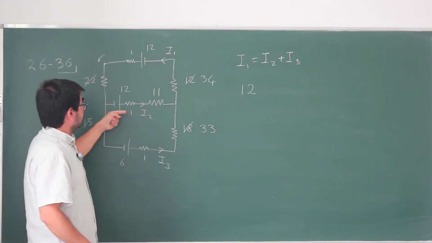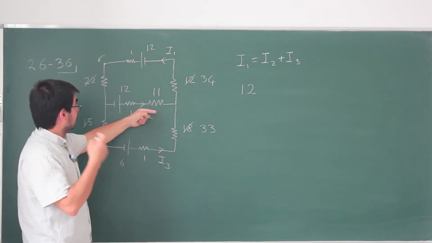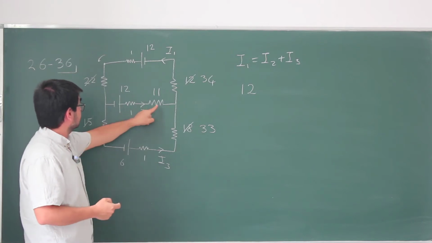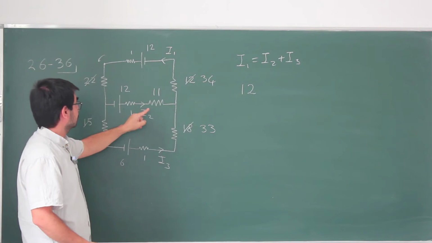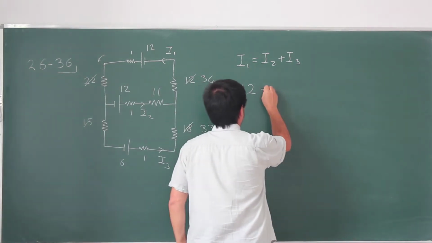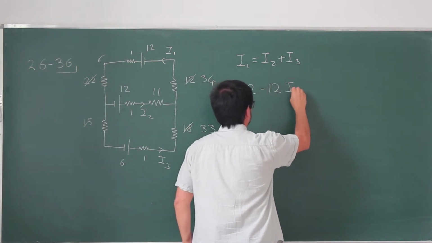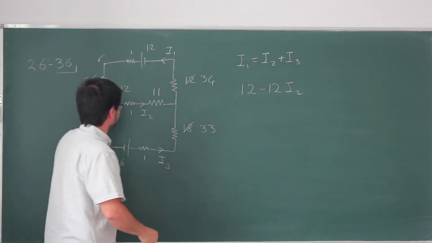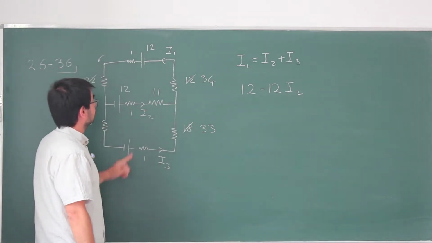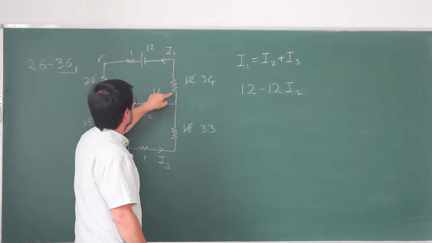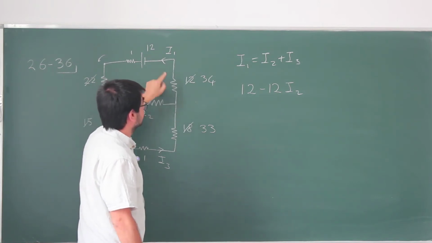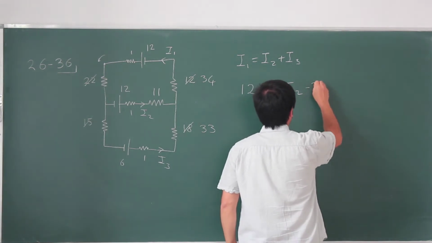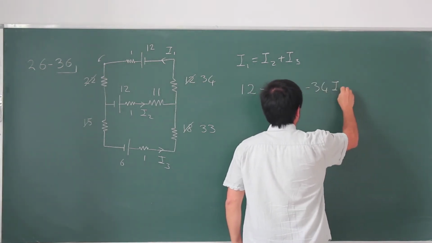Over these two resistors, I move along with the current, so that's the decreasing direction for the potential difference. The sum of these two is 12, so these are like two resistors in series, so that's going to be minus 12 I2, with this minus sign because I'm moving along the direction of the current. Then I go over here, I'm now moving over a resistor of 34 ohms along the direction of I1, so minus 34 I1.